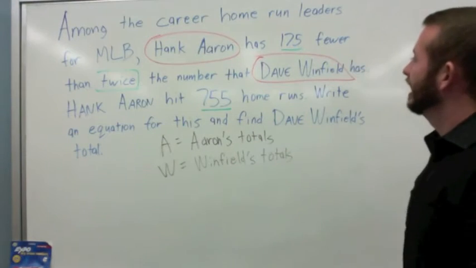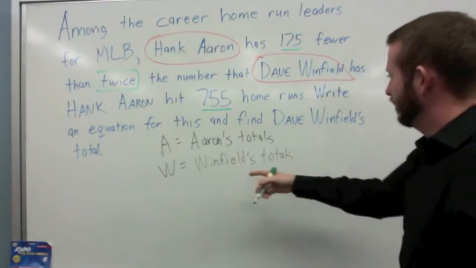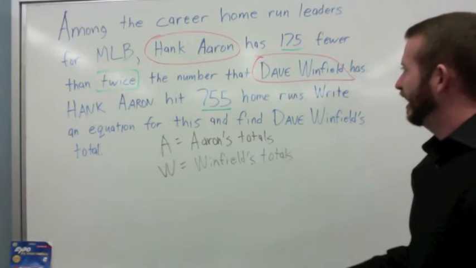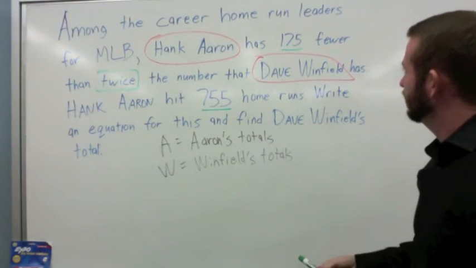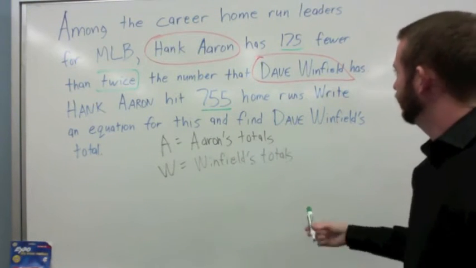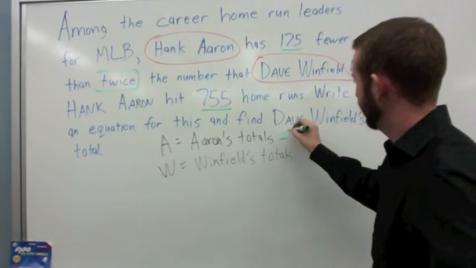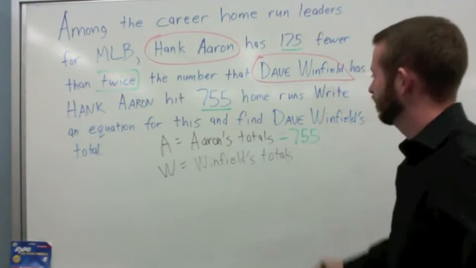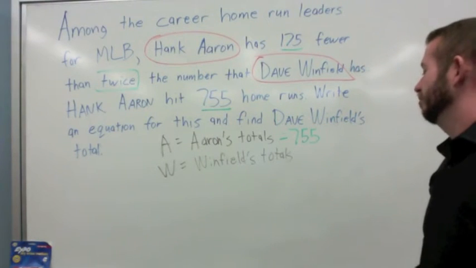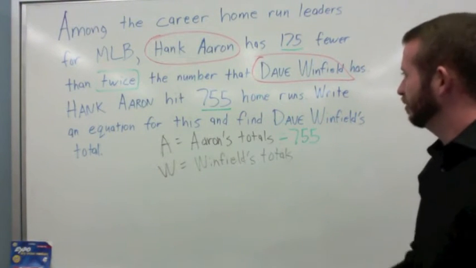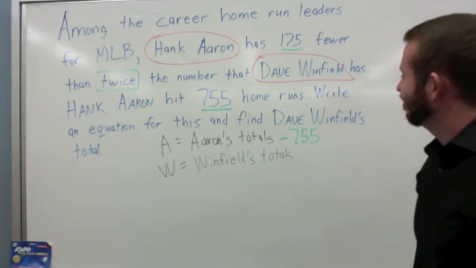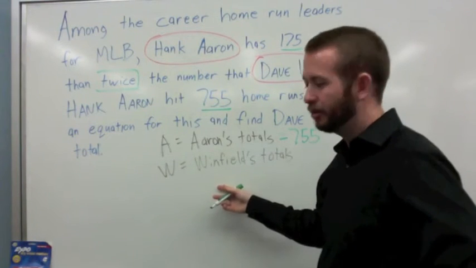So Aaron is somehow related to Winfield. Which one's larger? Hank Aaron has 175 fewer than twice the number that Dave Winfield has. So Aaron's totals do equal 755. Winfield's totals, what does his equal? What would you have to do with Winfield's totals?